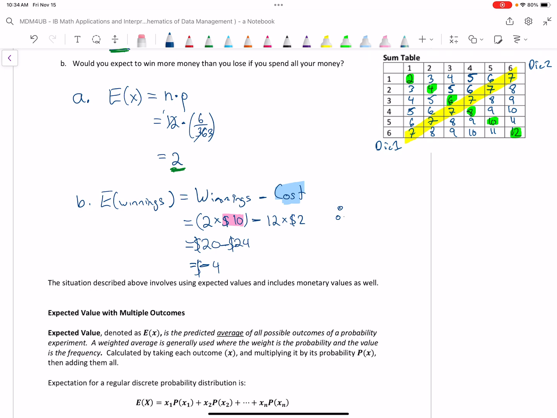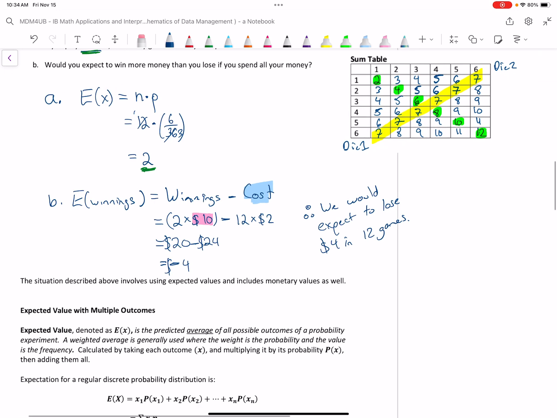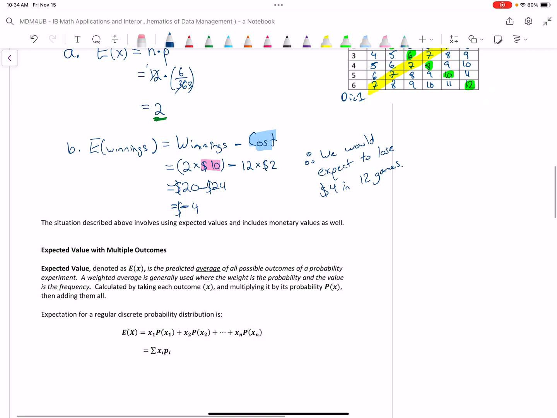So in the end, therefore, we would expect to lose $4 in 12 games. So not a bad ratio, but in the end, I would say that we're going to lose more than we're going to win. So this situation described above involves using expected values, and it includes monetary values as well.